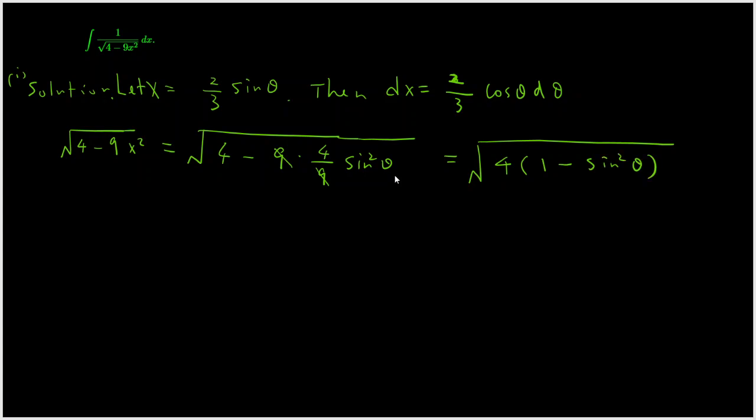Then the square root of 4 is equal to 2, and 2 times the square root of the stuff inside the brackets, 1 minus sine of theta squared, will become cos of theta, the whole thing squared, right?